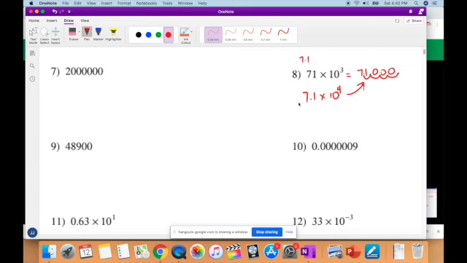So that means that these two are equal. You get what I'm saying? If I want, I could bring the point back again. 0.71 times 10 to the 5 will give me this. But at the end of the day, this is not standard form.